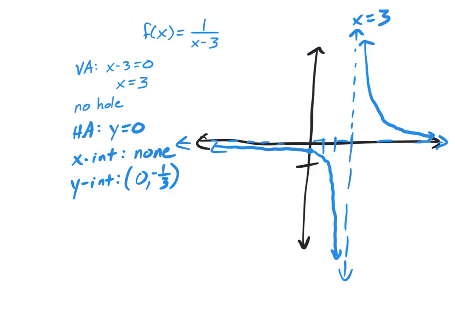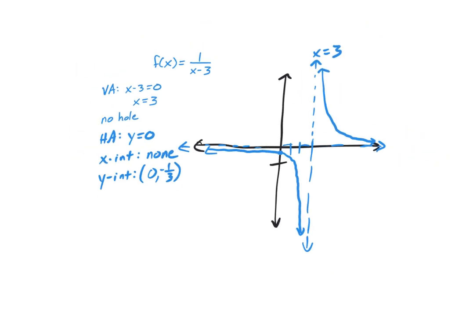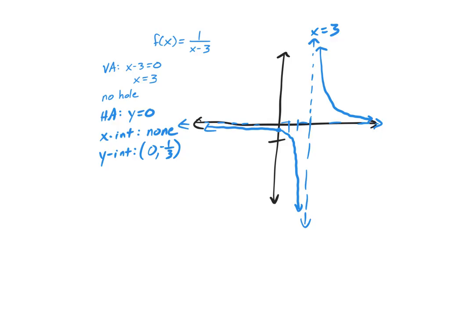One of the things that I would point out too, come back to this example right here, and this is the easiest one to talk about it. If I asked you what the domain of this graph is going to be, there's going to be a few questions today about domain, okay? And once again, we know that domain always goes back to our x values, right? And so here we're going to say x cannot be 3.